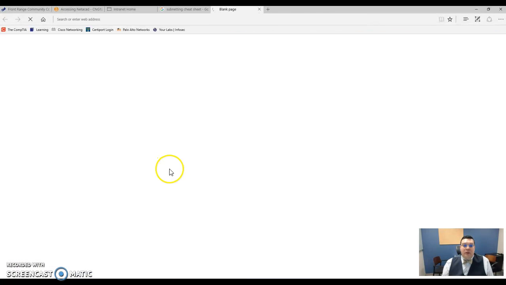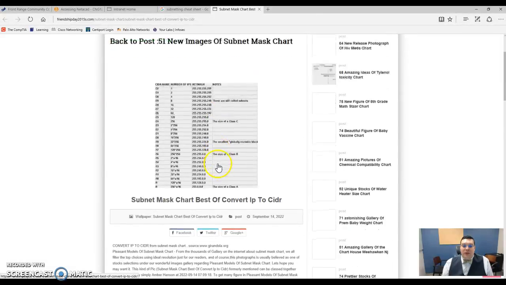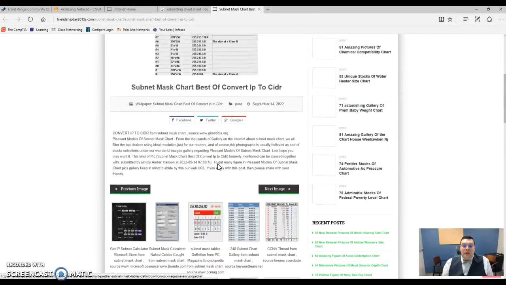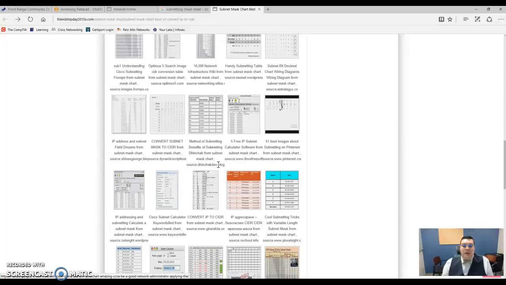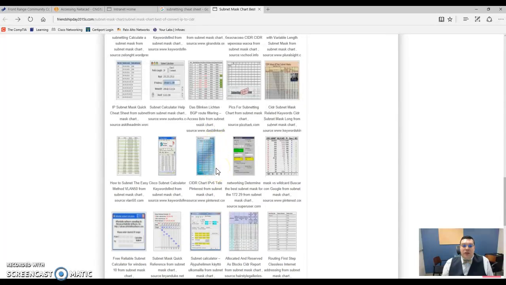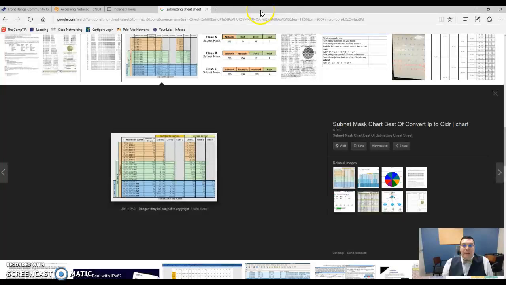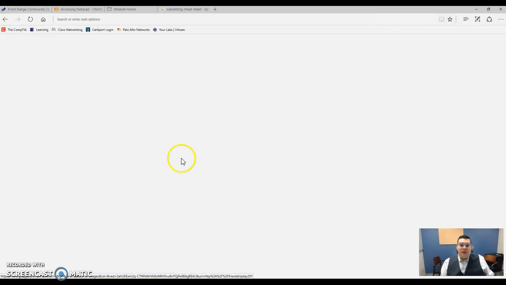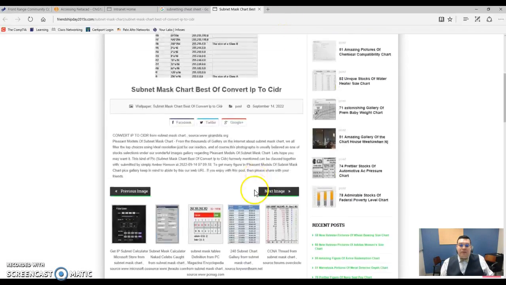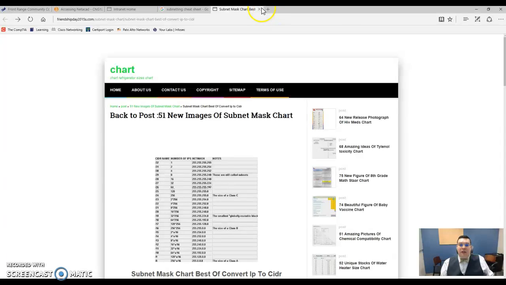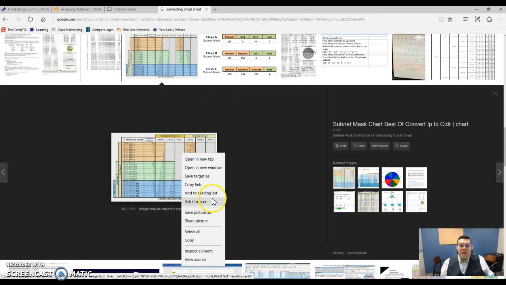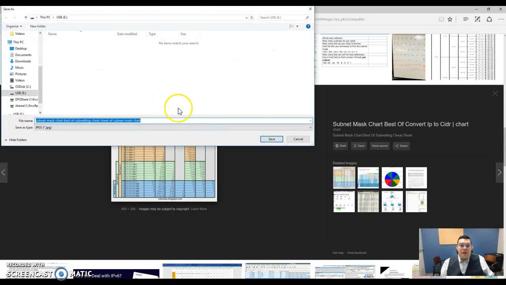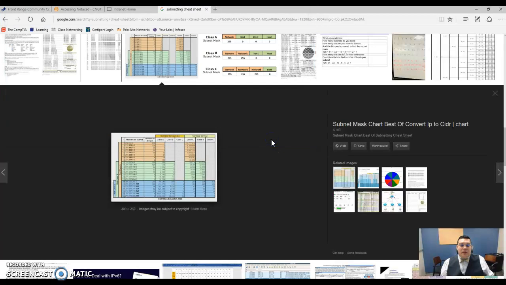Might be this one, or one similar to this one. I don't see that picture. But if you look at the host, I don't know how good this comes in. Maybe I can save it and then look at it. Save picture. Save. Okay.